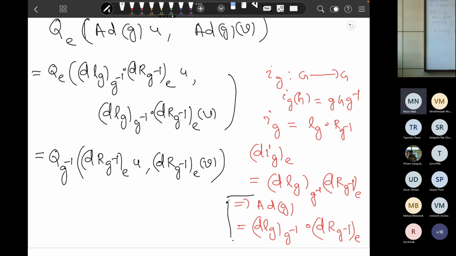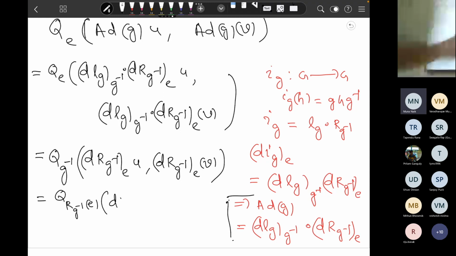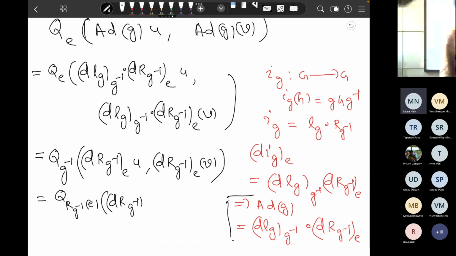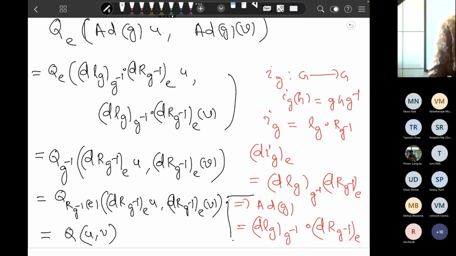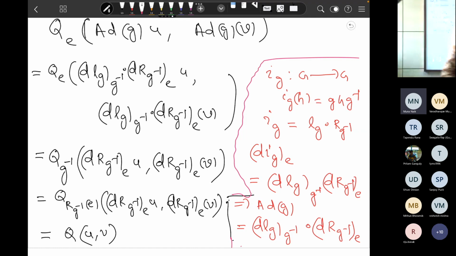You can write this as Q_E(D R_{G^{-1}} E U, D R_{G^{-1}} E V), and I am using the right invariance of Q, that is the Q of UV. So therefore I get that Q_E is R_G invariant.